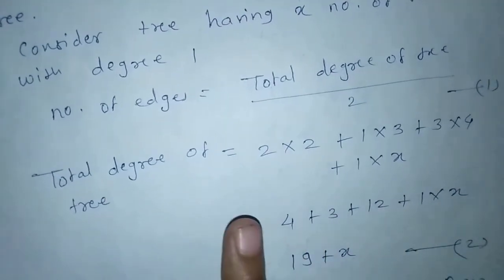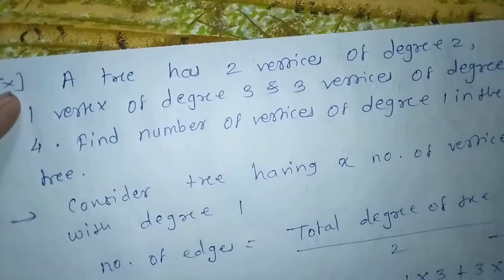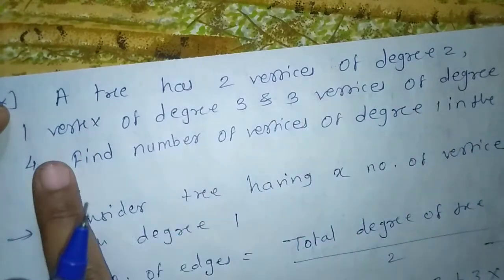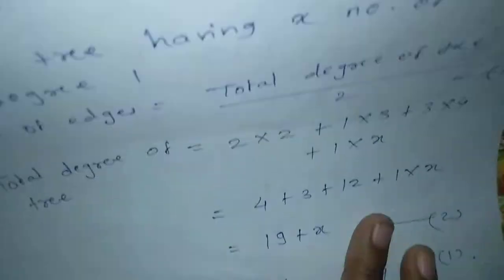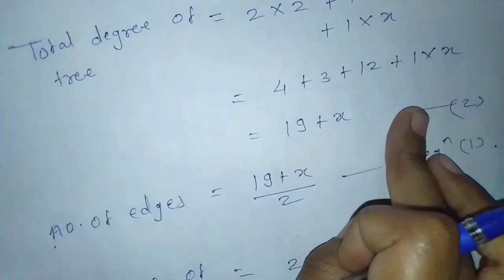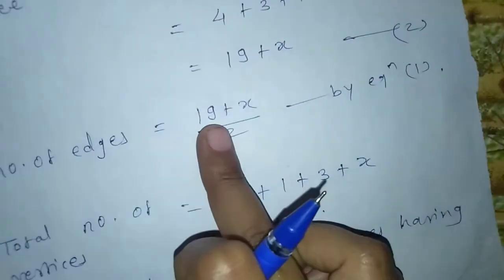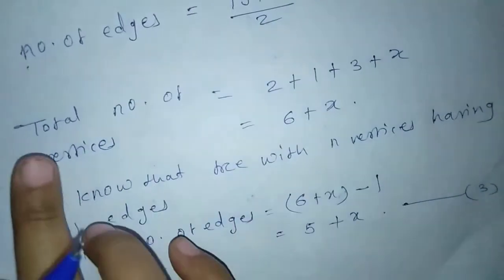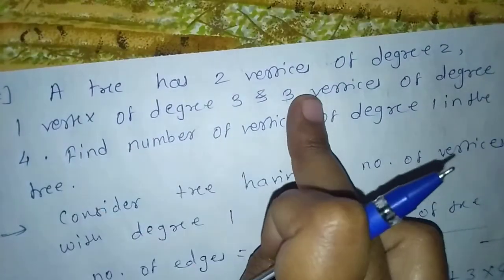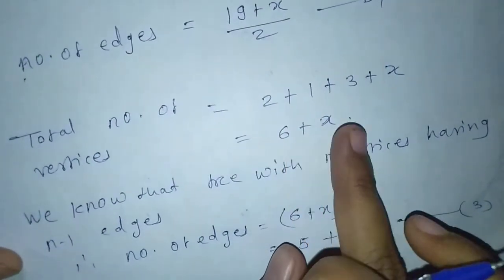Handshaking lemma. So total degree of tree means 2 into number of edges. Here the total degree is 2 into 2 plus 1 into 3 plus 3 into 4 plus x into 1. So this is nothing but the total degree of tree is equal to 19 plus x. So number of edges, by using this equation, is 19 plus x upon 2, and total number of vertices is nothing but 2 plus 1 plus 3 plus x, which is equal to 6 plus x.